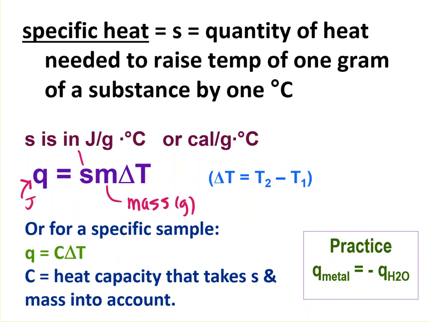That's what I mean by it can look different. So we can do some problems using this, because we can compare the heat and temperature change of one thing, like our hot piece of metal, to another thing like the water.